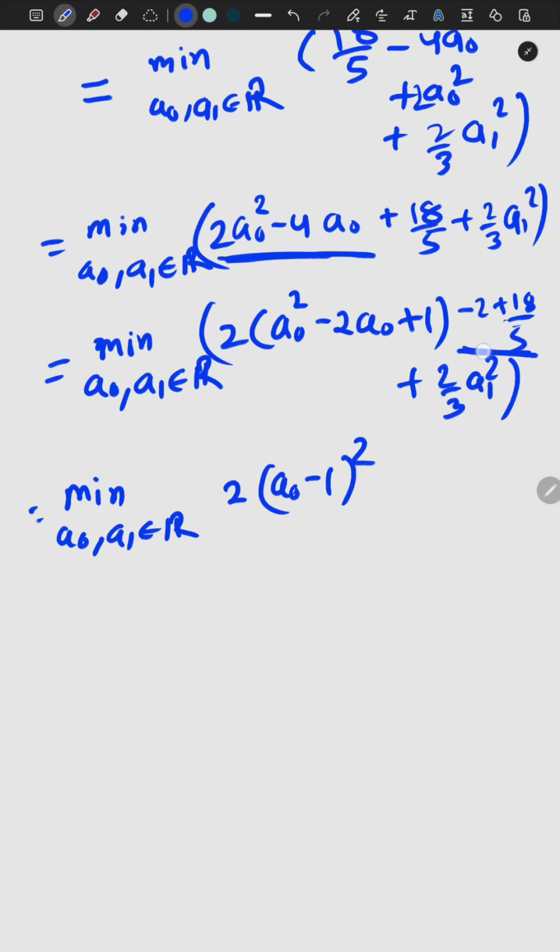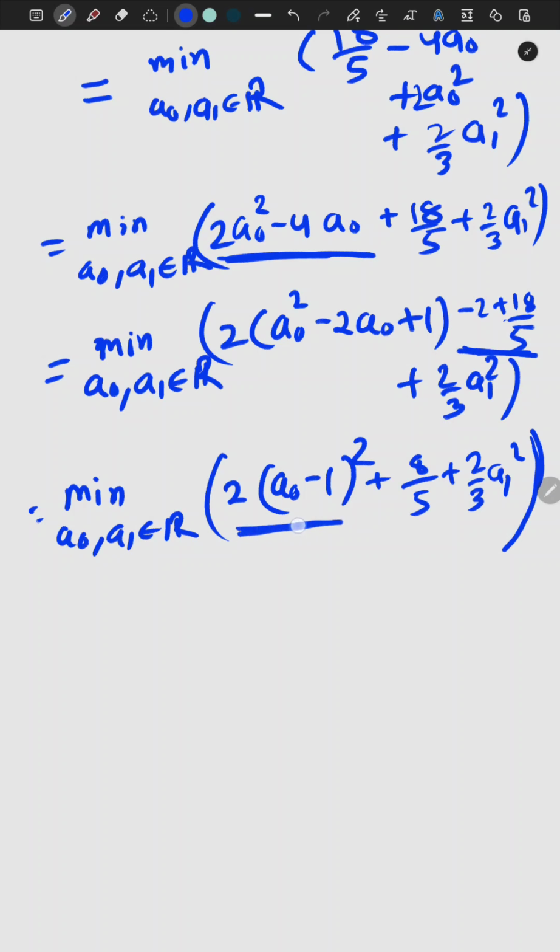If we add this sum, it gives 18 minus 10, so it gives 8 by 5 plus 2 by 3 a1 square. When this sum is a minimum, all these quantities are non-negative.